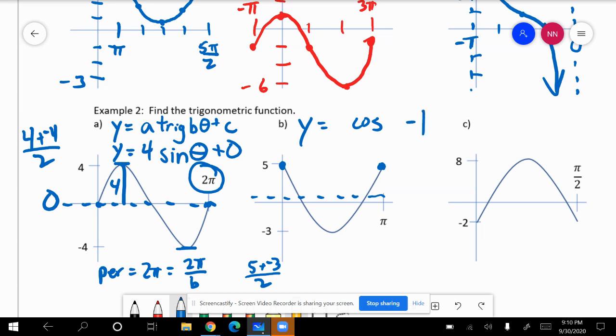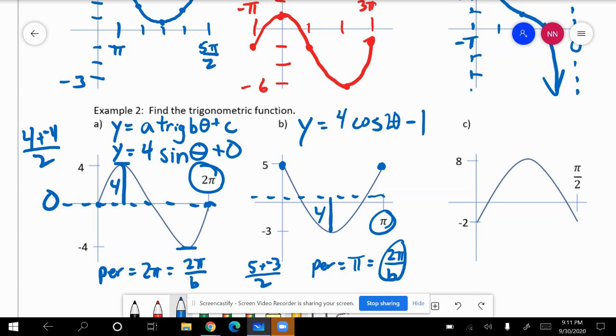From the middle to the peak or the valley, in this case, is 4. So I'm going to put a 4 right here. And notice that my period is pi. So if the period is pi and the formula is 2 pi over b, in order for this to be equal to pi, my b value has to be 2.